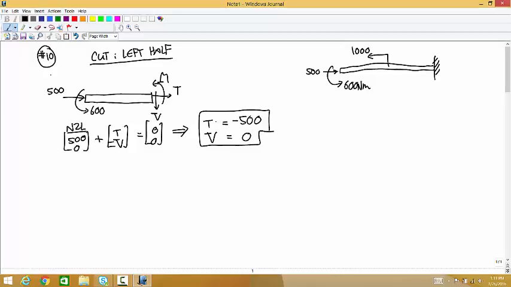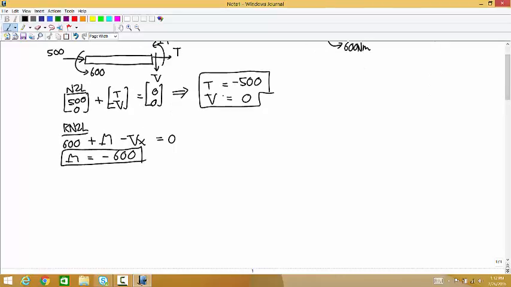That's going to make this problem a lot easier, the fact that the shear force is 0 on the left half. And then the rotational equation, we have positive 600 plus M minus Vx is equal to 0. So M is equal to negative 600. So none of these vary with x. These are constant anywhere on the left side.